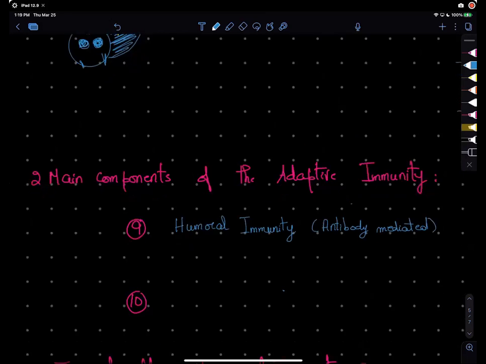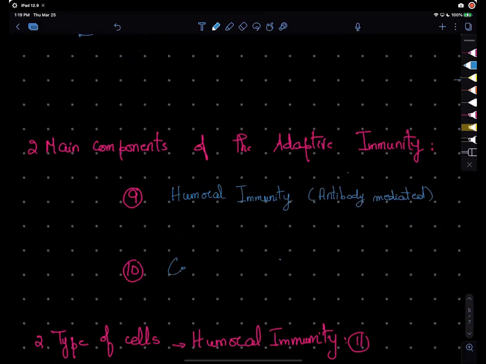And the cellular immunity, what was the other name for cellular immunity? It was the cell mediated immunity. Cell mediated.